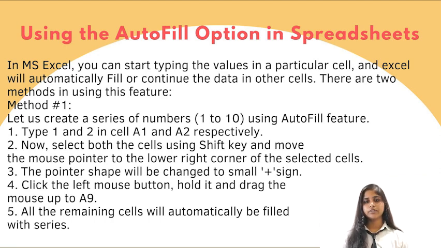First of all, type 1 and 2 in cells A1 and A2 respectively. Then select both the cells using the Shift key and move the mouse pointer to the lower right corner of the selected cells. Thirdly, the pointer shape will change to a small plus sign. Then click the left mouse button, hold it and drag the mouse down to A10. Now all the remaining cells will automatically be filled with the series.